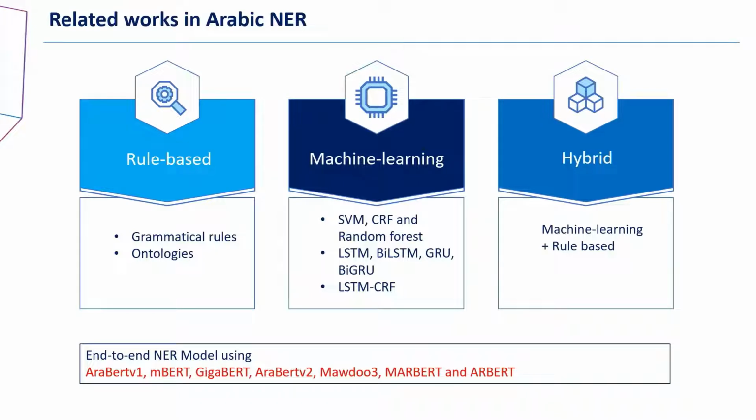And in machine learning, many papers use the support vector machine, or CRF with support vector machine, and random forest. They use LSTM and BiLSTM. They use LSTM with CRF. And also there is some research work combining machine learning and rule-based at the same time.